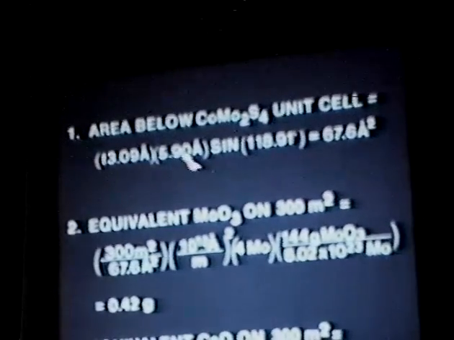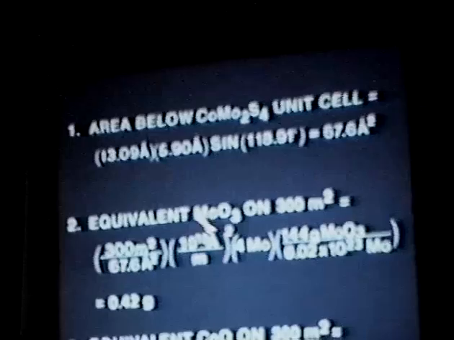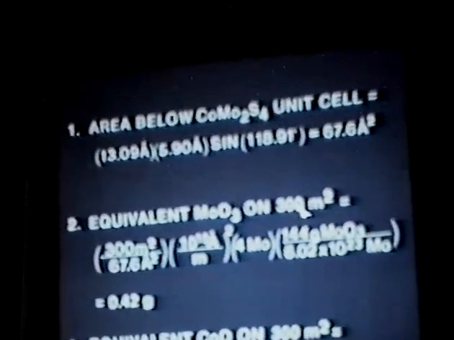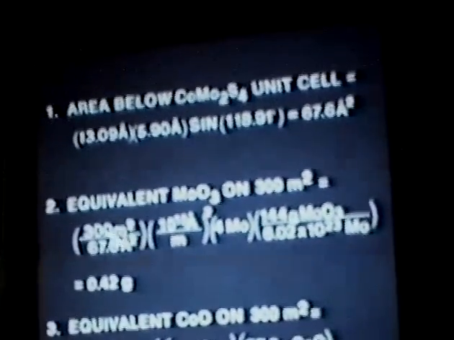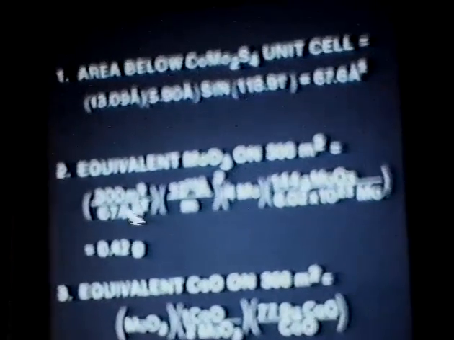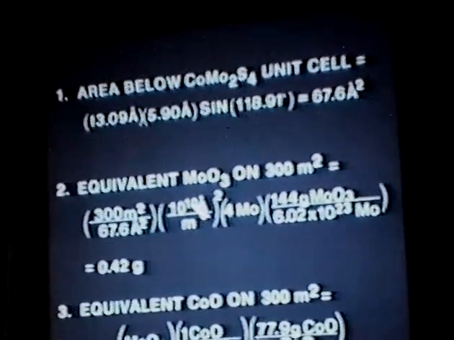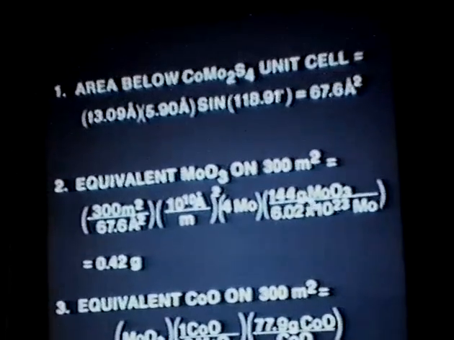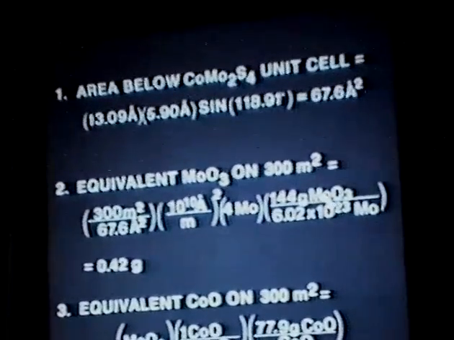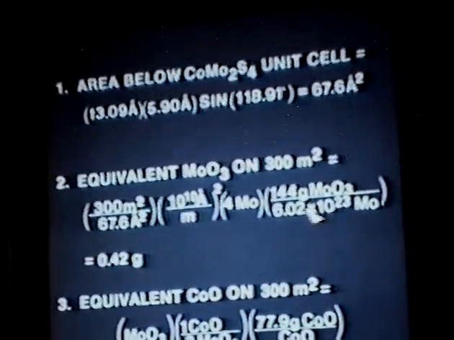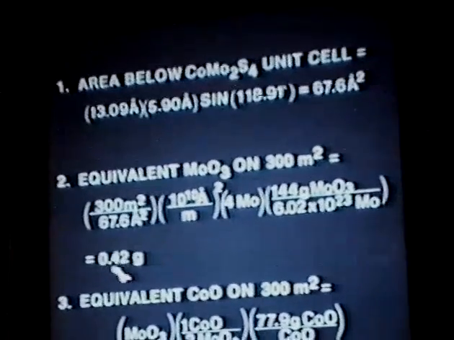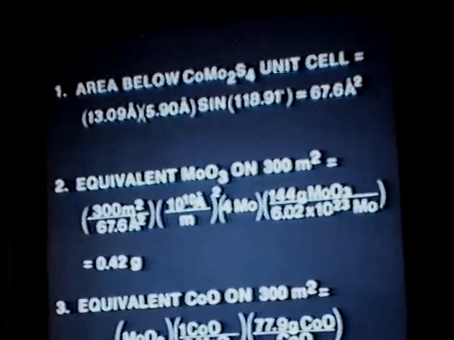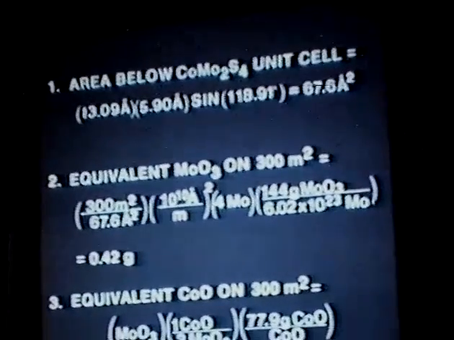If one does that, one gets the equivalent molybdenum trioxide on the 300 square meter surface, using the 300 square meters and the area of the unit cell, the conversion factor of angstroms to meters, 4 molybdenum atoms per unit cell that we saw, and the molecular weight of molybdenum trioxide together with Avogadro's number to get 0.42 grams of MoO3 on 300 square meters.